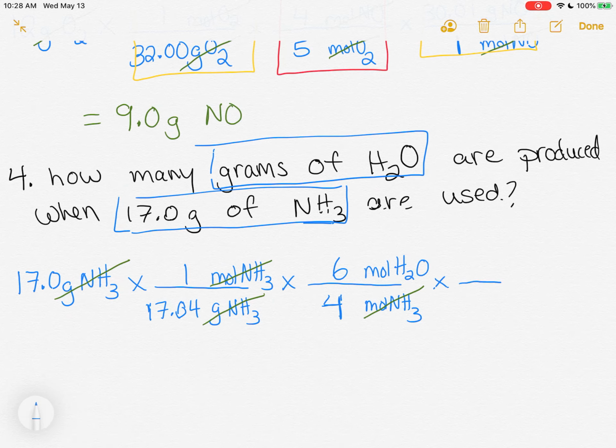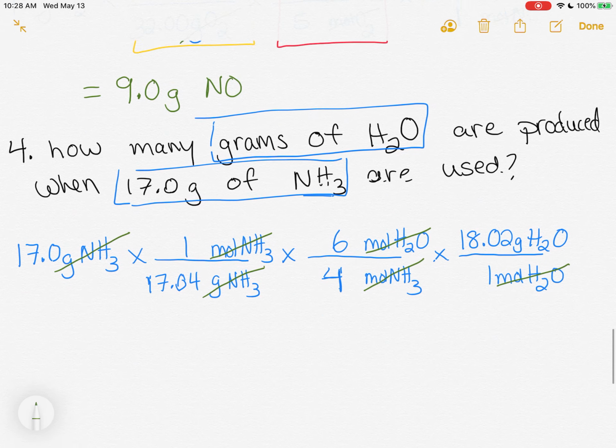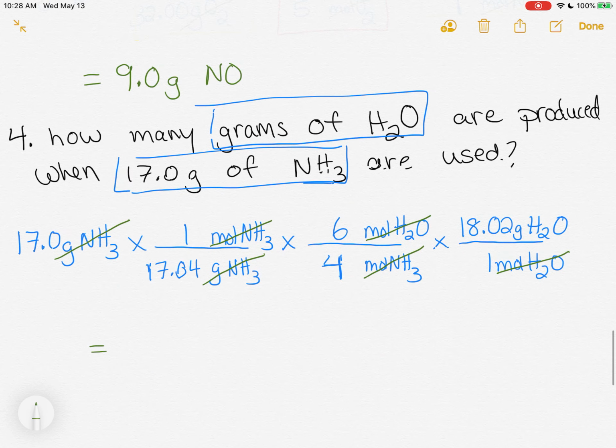If we finish there, we'd be left with moles of water, but we want grams of water. So we're going to use a 3rd conversion factor. And we know that our 1 mole of water is going to be 18.02 grams of water. And so that's going to allow us to cancel out our moles of water, and we'll be left with grams of water.